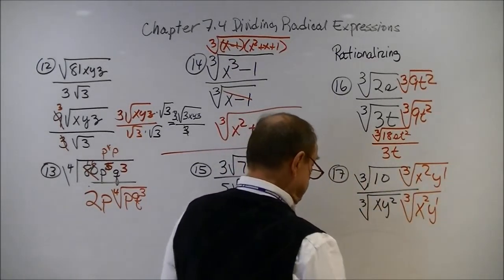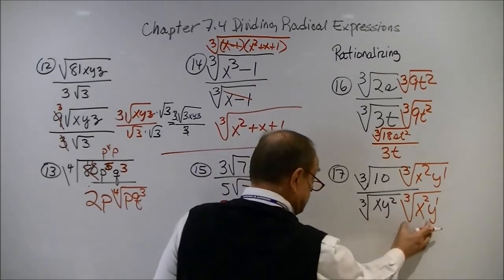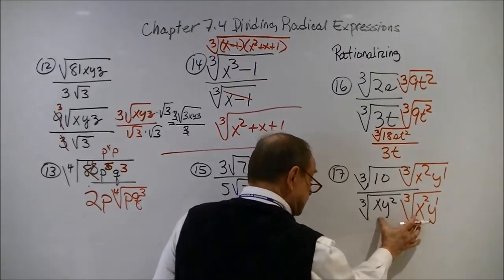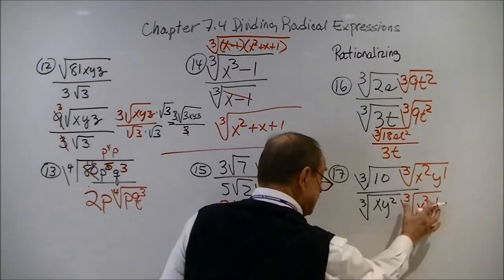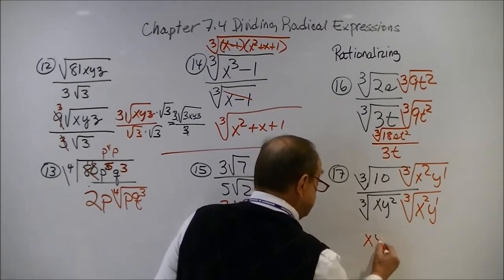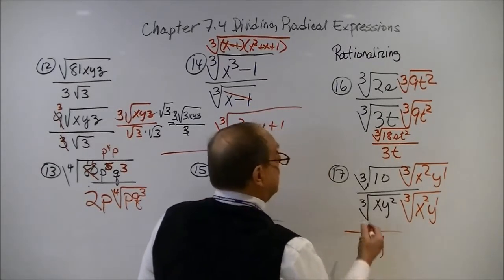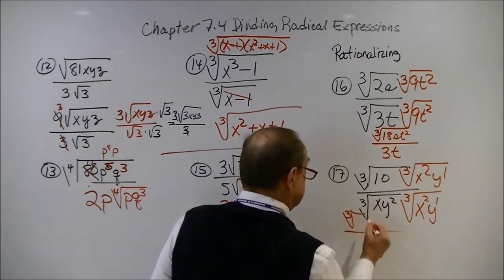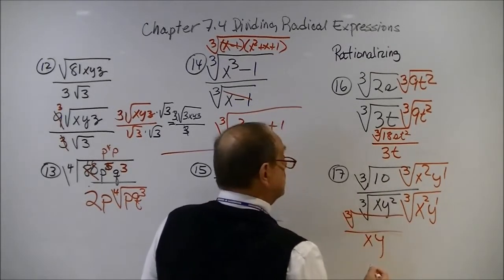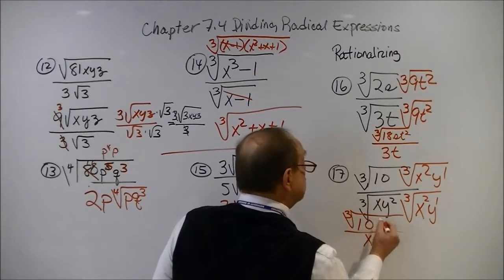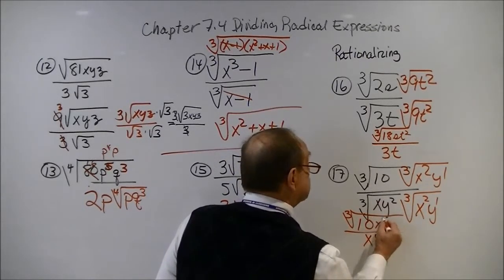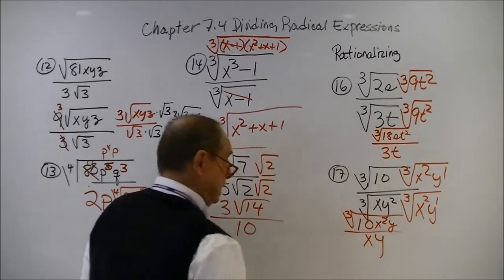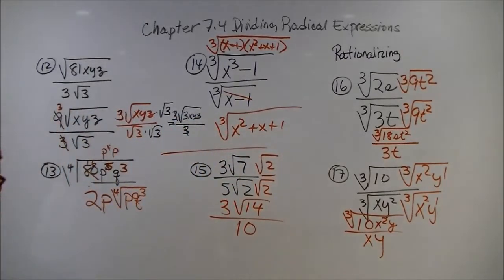And what do we get out of this? Well, our bottom becomes x to the third, y to the third, so it's just xy. And our numerator becomes the third root of, kind of ran out of room there, 10x squared y. All right.